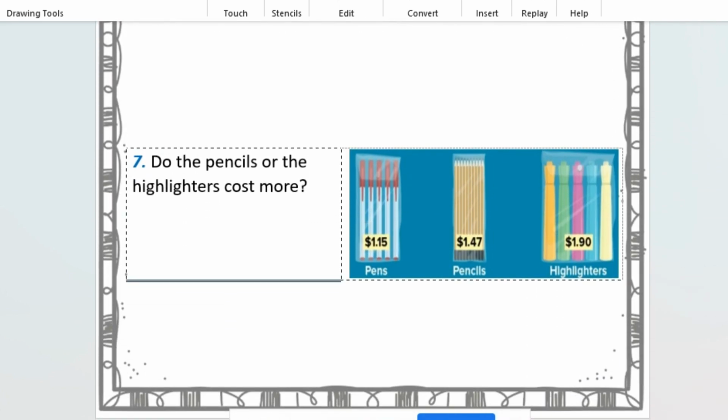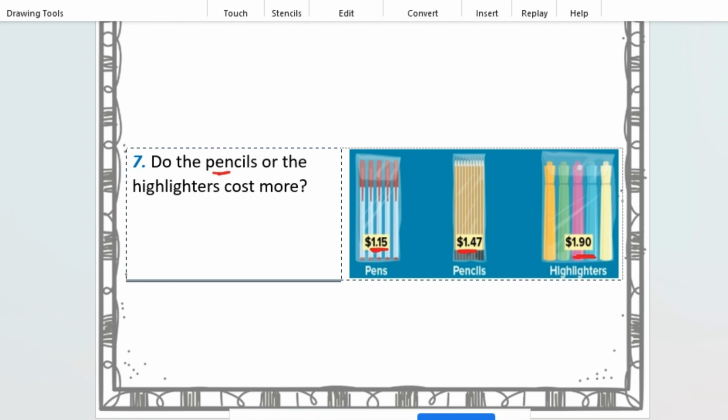Now here we have pencils and pens that are worth $1.15, and pencils are worth $1.47, and highlighters which are worth $1.90 fils. So the highlighter is $1.90, the pencil is $1.47, and the pen is $1.15. Okay. Now the question says, do pens or highlighters cost more? Sorry, it says pencils.